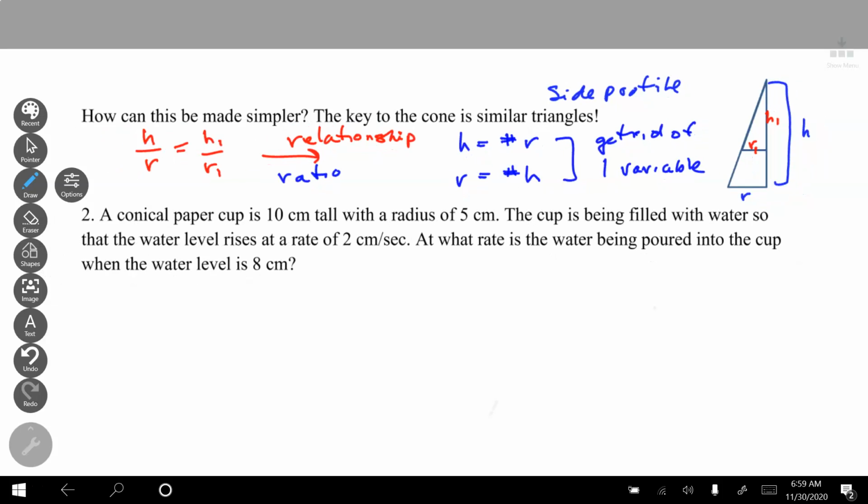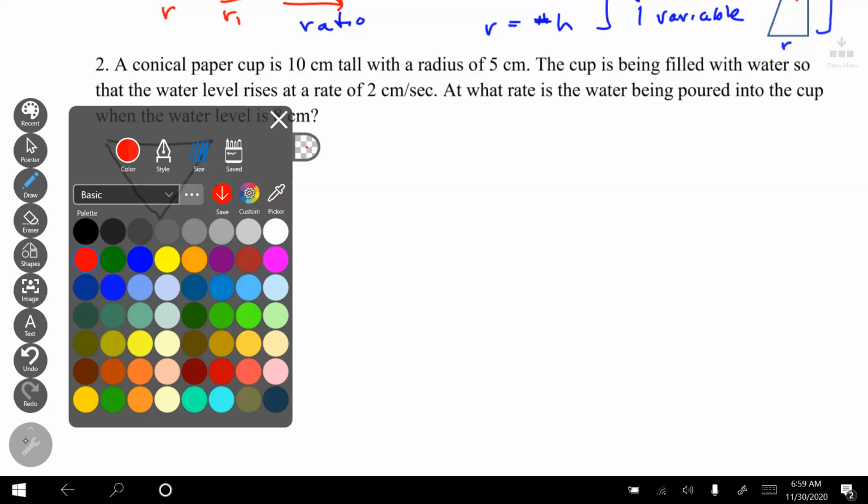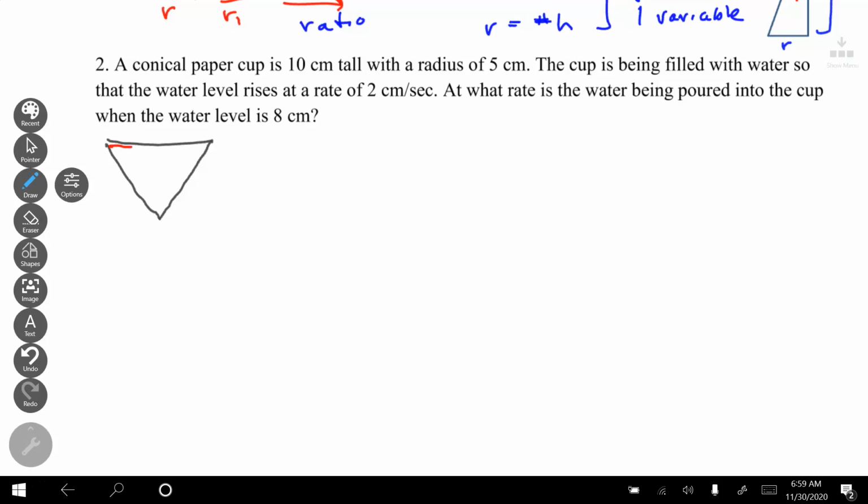I'm going to move this up. So if I go through this problem, I'm going to draw here's basically what a cone looks like, side profile. For what's given to me, I have my radius is equal to 5, and my height is equal to 10.